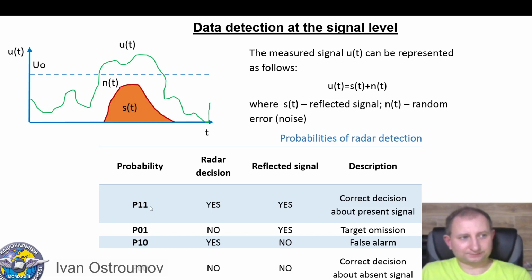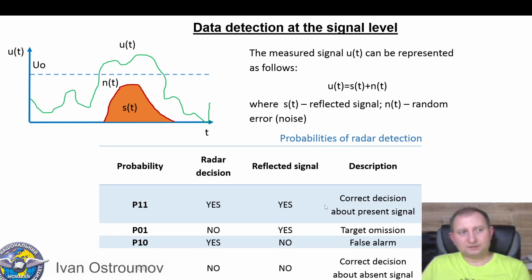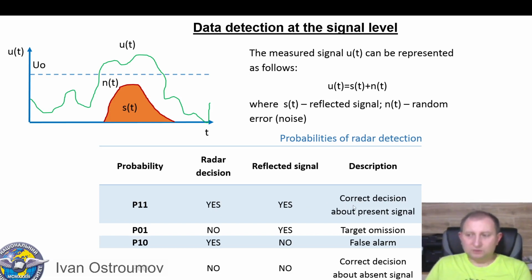It means that the reflected signal is present in the input of our antenna and the radar correctly detects the presence of this signal. And in this case, we can get the probability of correct detection of signal presence in the input signal.